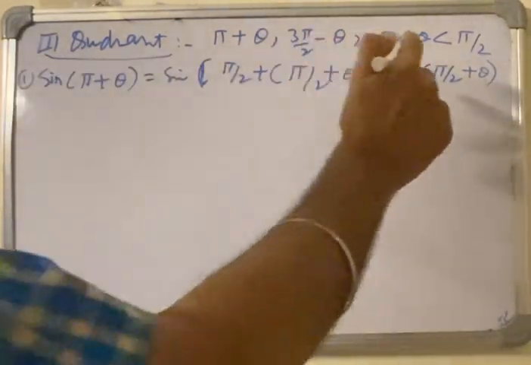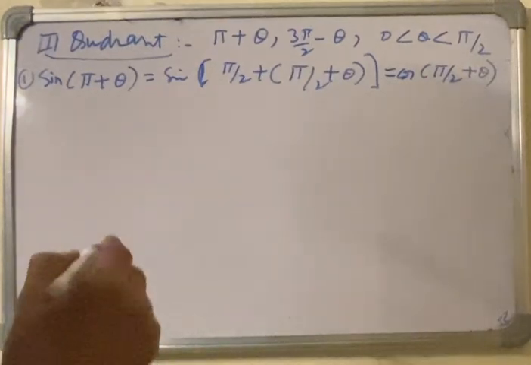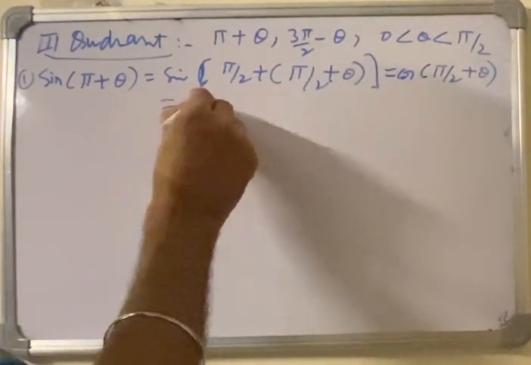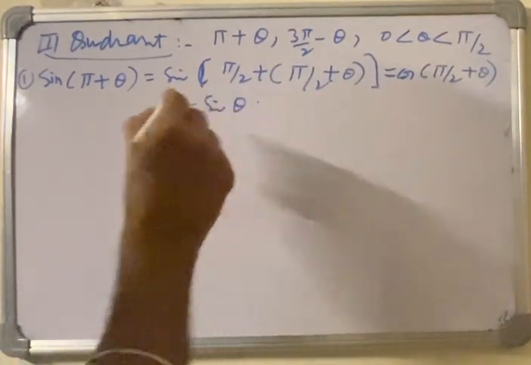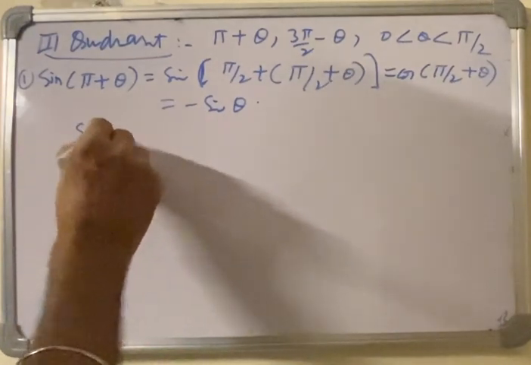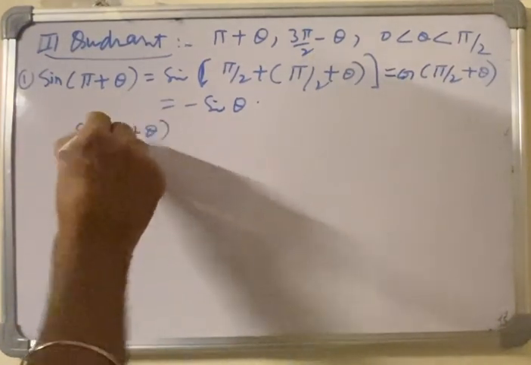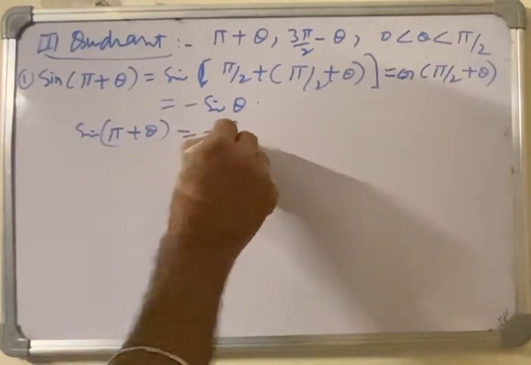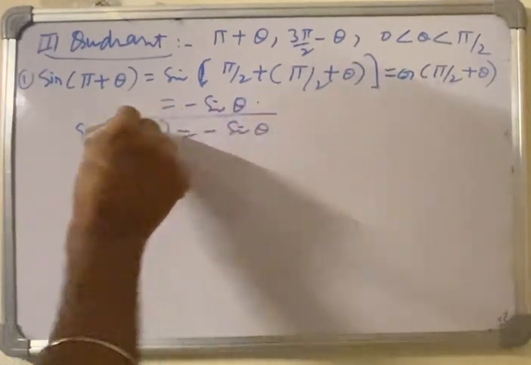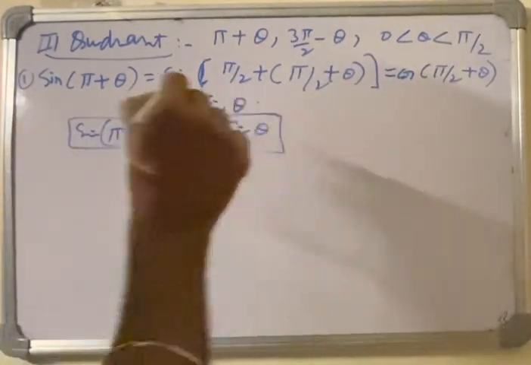And cos in the second quadrant pi by 2 plus theta is negative. This is minus sine theta. So sine pi plus theta is minus sine theta. That is in the third quadrant sine is negative.